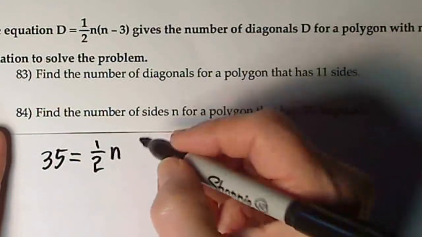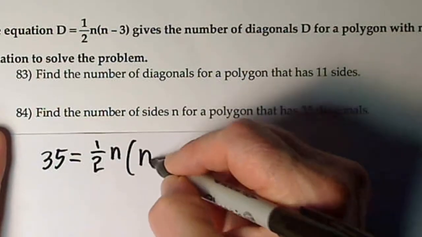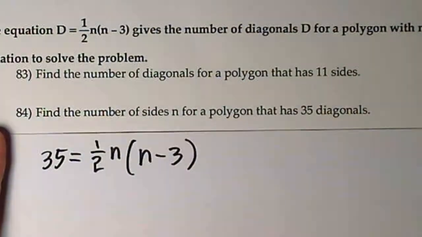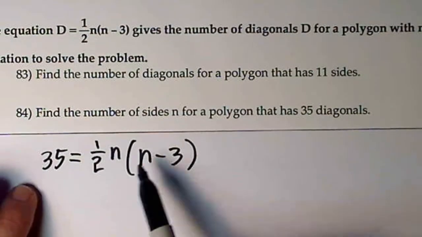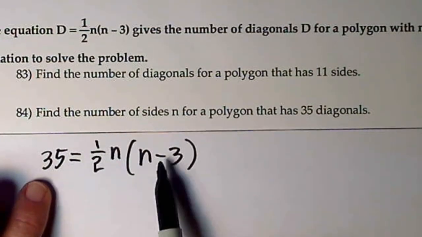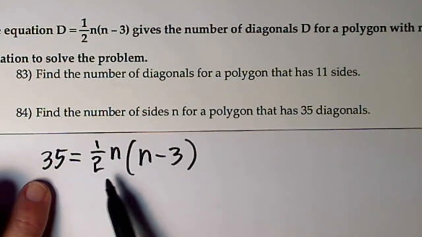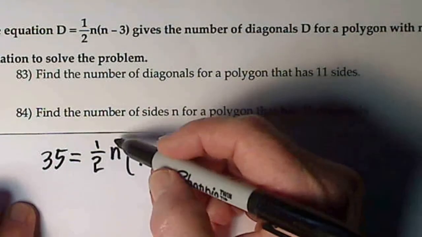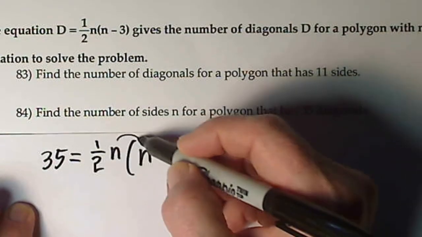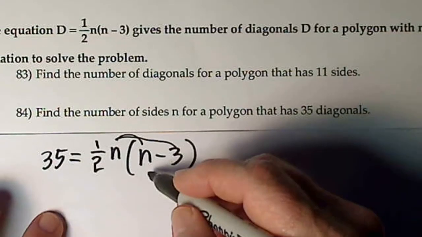1/2 n minus 3. And we're trying to use the zero factor property. I don't really have another way to solve this. So I'm going to send in the 1/2 n to each term.